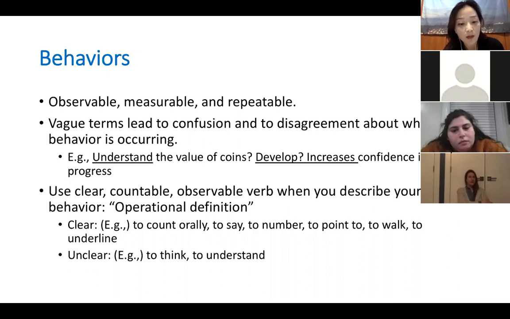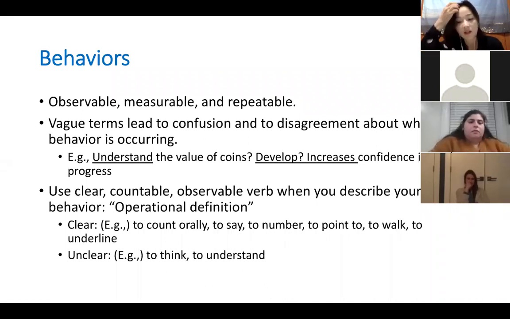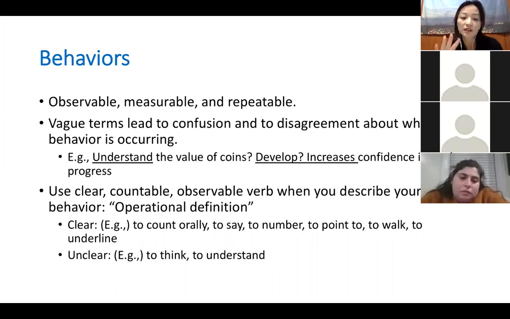Examples I have here are to count orally, to say something, to number, to point, to walk, to underline. Those are example verbs you can consider. To think: how will you tell the child is thinking, right? Understanding, those are not good examples of behavior verbs.